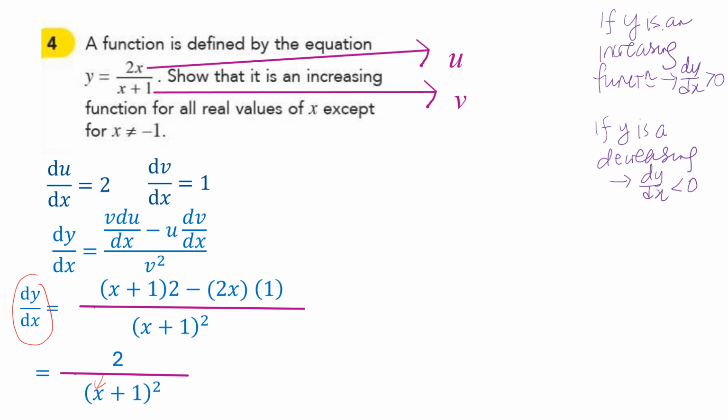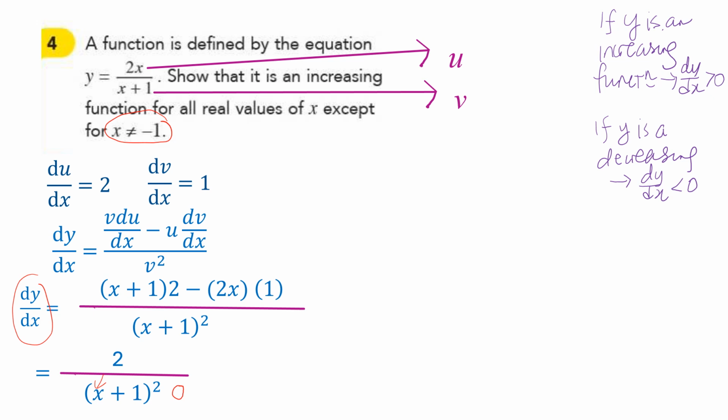What happens if x equals to negative 1? You would end up getting the denominator to be 0, and it's undefined because you can't have 1 divided by 0. You can't have something divided by 0. So therefore, there's this condition here that says that x cannot take the value of negative 1. All right, so how do we go about explaining it?